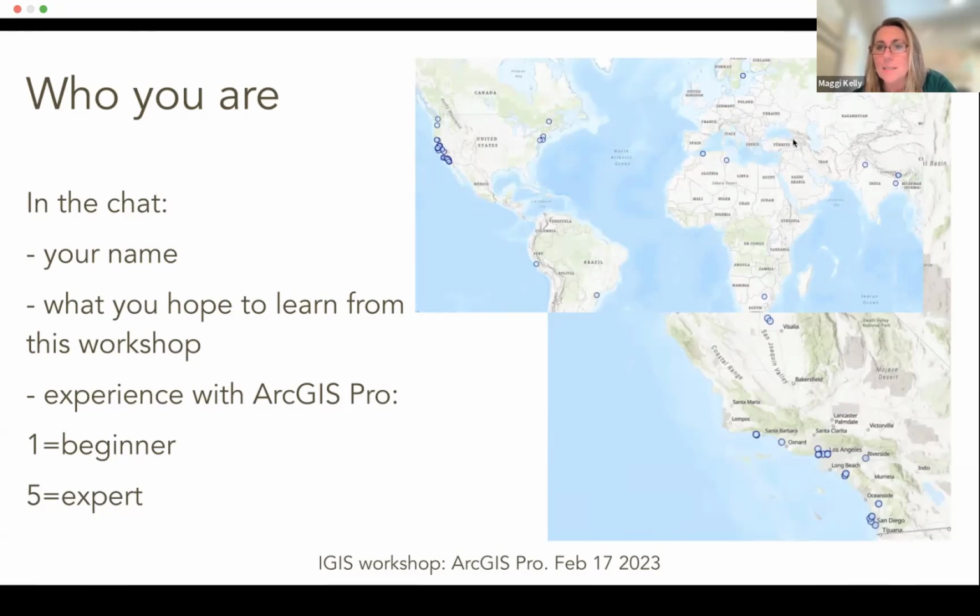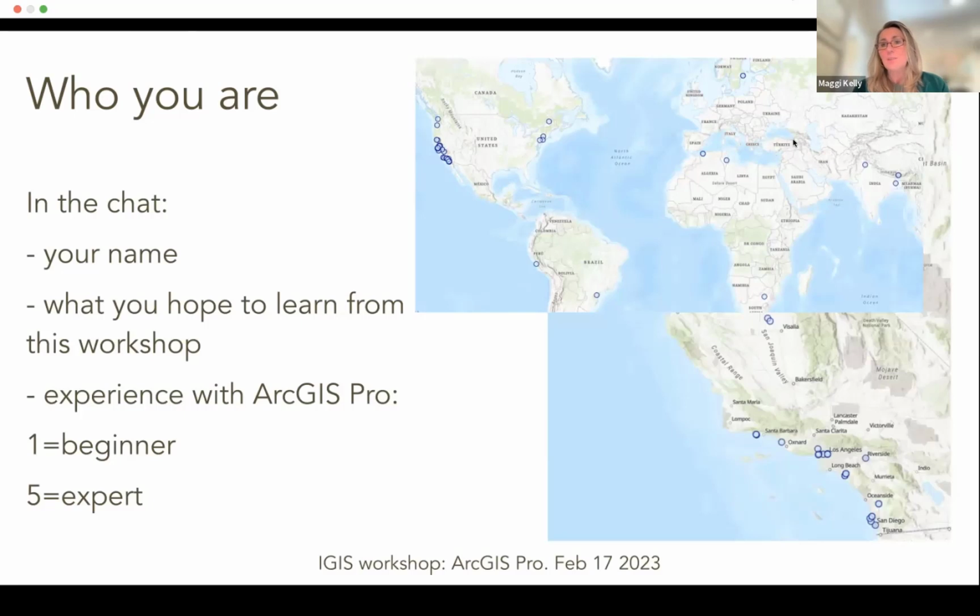I love this. This is terrific. Back in the workforce, biology 1. Terrific. We've got some 2s and 3s and some 1s. Wonderful. Flood risk, social vulnerability. Good. School of Public Health. Sean, I know that feeling too.